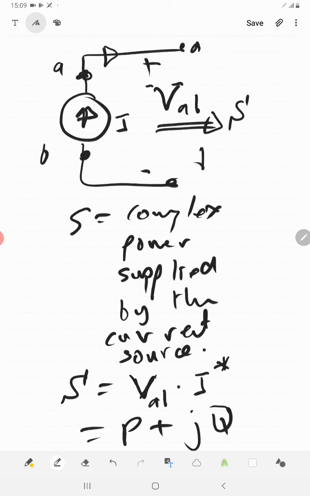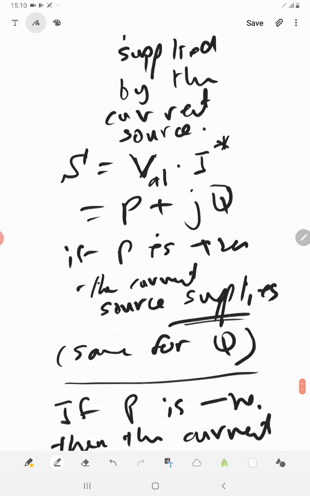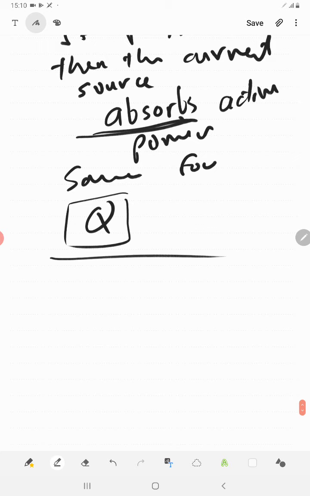So if P or Q are positive, it means this power is going out from the source to the system. It means supplied. But if it turns out to be negative, it means power is coming from the system to the source. So the source takes the active power from the system. Okay? I will stop at this point here.